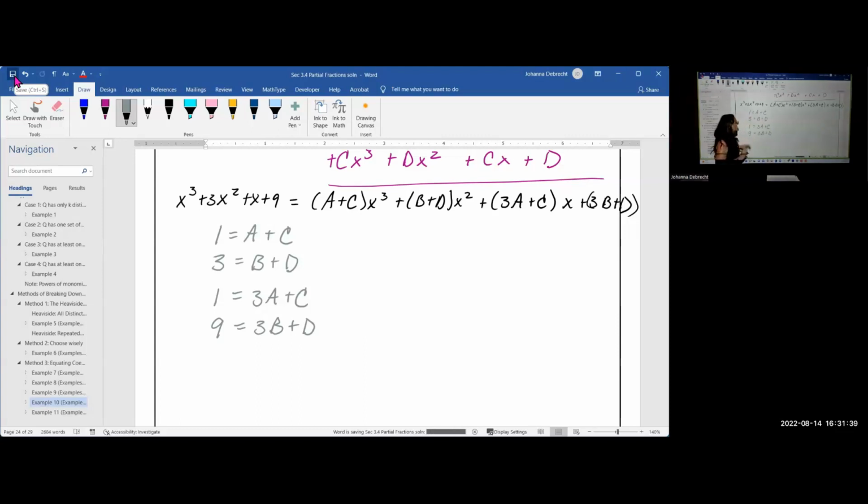Now this gives us a system of 4 equations with 4 unknowns, so we should be able to solve. The first thing I would do would probably be to take equations 1 and 3 or 2 and 4 and solve for A and C or for B and D. So go ahead and pause the video, work that out, then turn the video back on and compare your answers to mine.